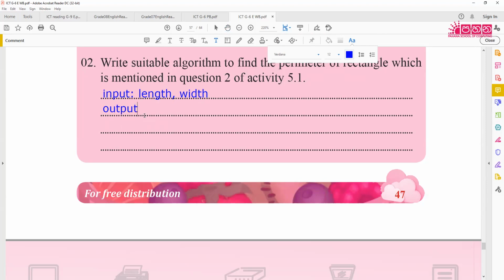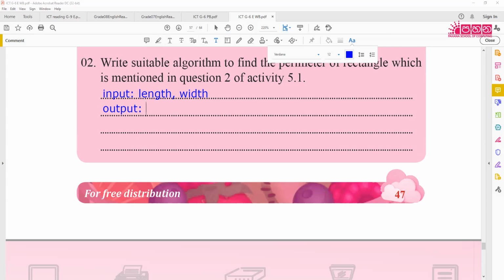What is the output? Right, that is perimeter, right?